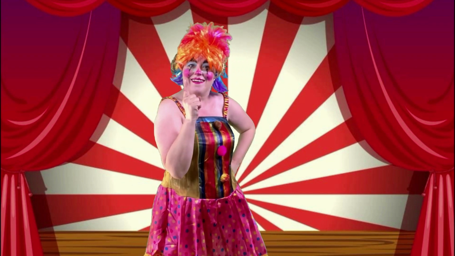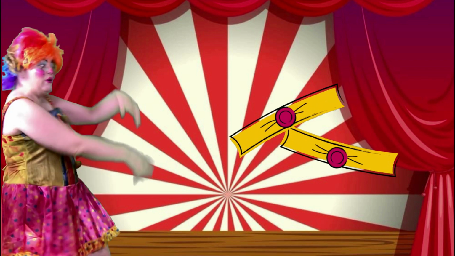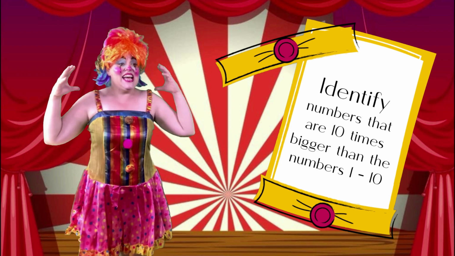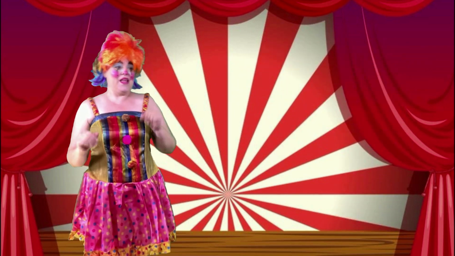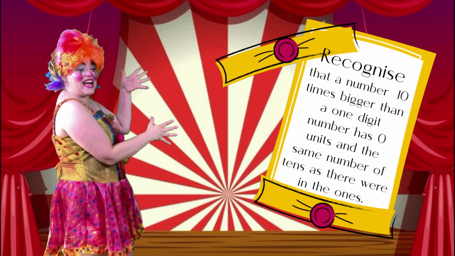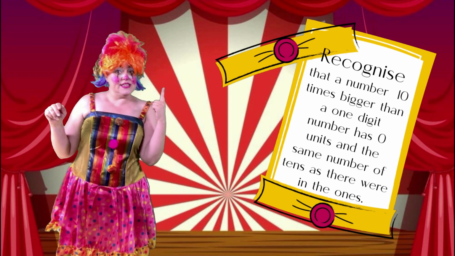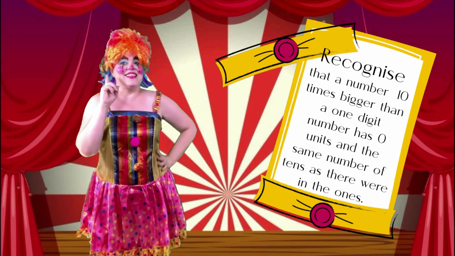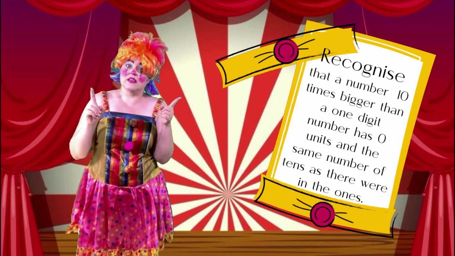a math game. Now, by the time you finish this game, you will be able to identify numbers that are 10 times bigger than the numbers 1 to 10, and recognize that a number 10 times bigger than a one-digit number has 0 units and the same number of tens as there were in the ones.